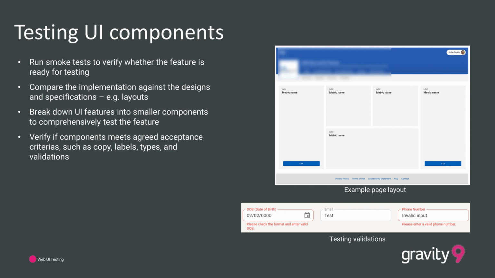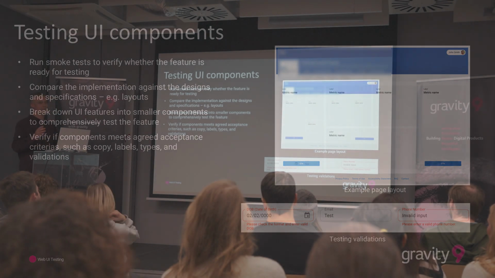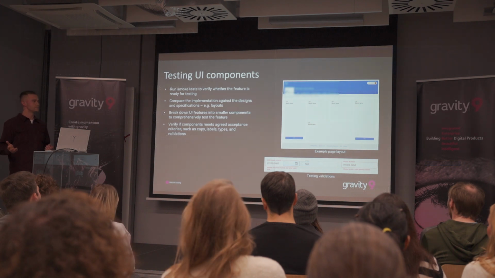On the right-hand side, you can actually see the example page layout. Some of the information, the sensitive one, has to be blurred, but this is a real example. You can see the top bar, which contains some basic navigation, which is blurred, unfortunately, and there is also some user profile widget. The body of that page contains a grid of elements, which might contain widgets and other stuff, and each widget can be totally autonomous, so they might have different functionalities implemented in there.